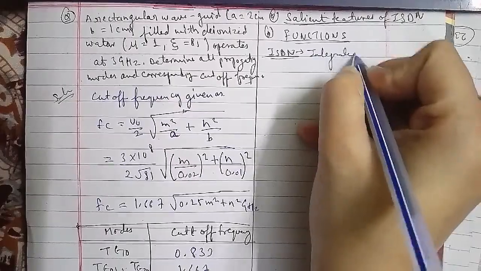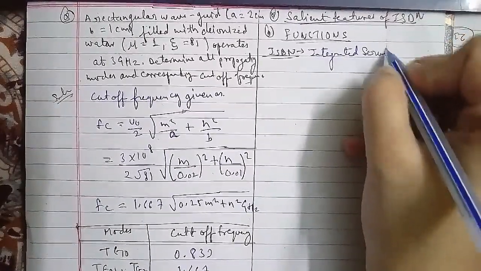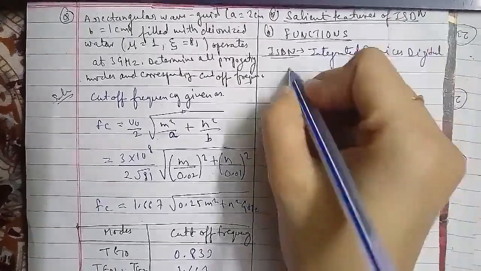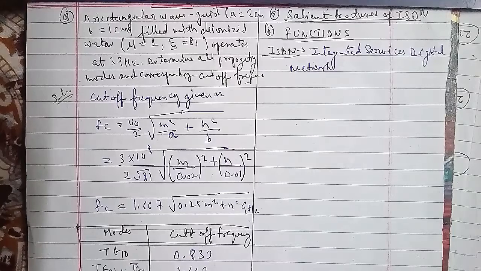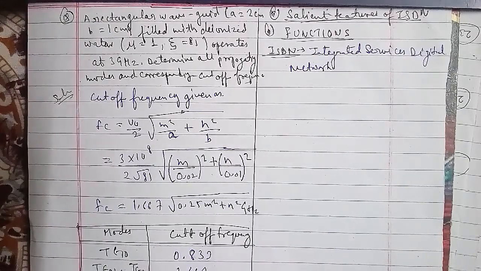This is the full form of ISDN, and it is a set of communication standards for simultaneous digital transmission of voice, video, data and other network services over the traditional circuits of the public switched telephone network.